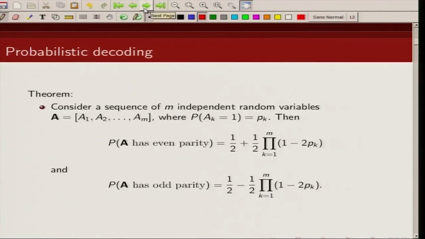So, we are going to use this lemma to prove the decoding algorithm results. So, what is this result?